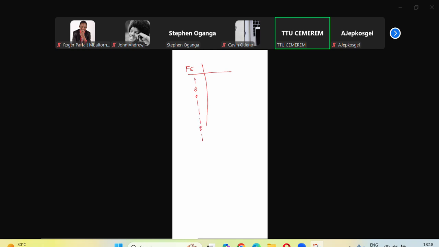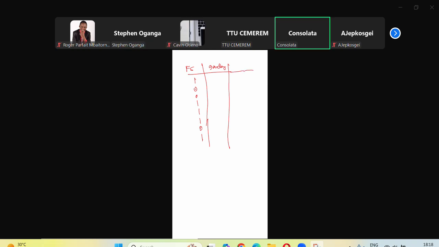Is that okay? For example, here we have gender of the household head, and location, place of residence, let's say urban, rural, something like that. Then another thing is age.